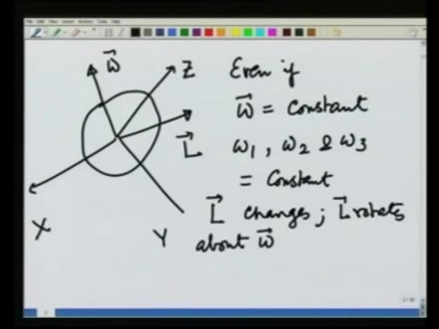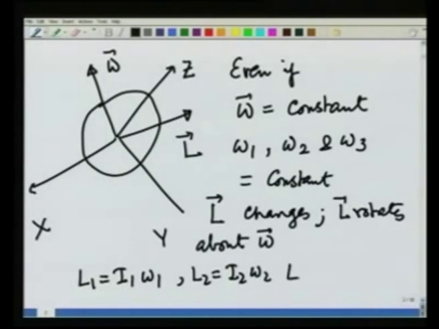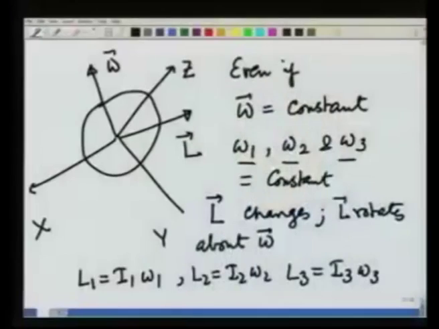Why does it do so? Because L1 equals I1 omega 1, L2 equals I2 omega 2 and L3 equals I3 omega 3. All three are constant because omega 1, omega 2 and omega 3 remain constant, but the principal axes are themselves rotating. So these components, although they are fixed, are rotating, and therefore L itself rotates about omega.